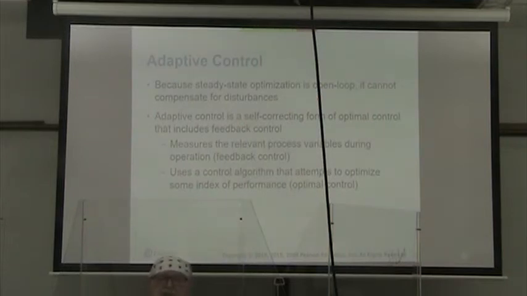So in that case, we're measuring the relevant process variables during operation, right? That's our feedback control. We use a control algorithm that attempts to optimize some index of performance for our optimal control.